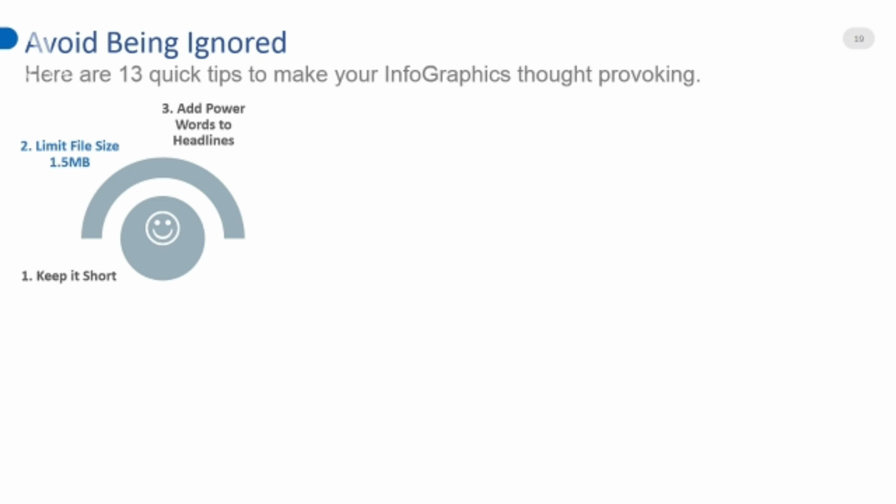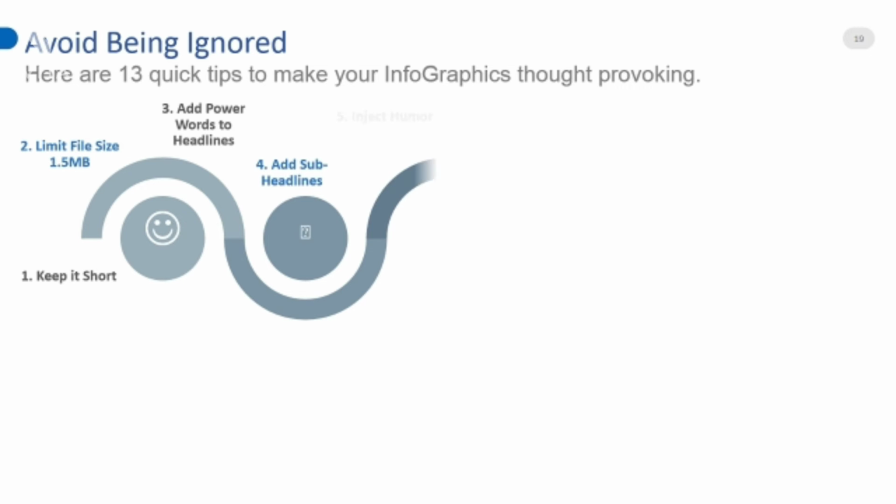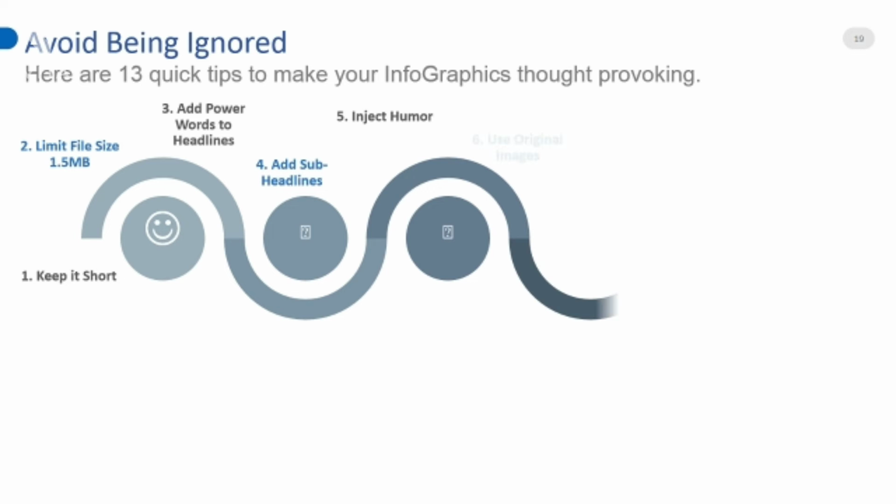Third, add power words to your headline and action words, things that will grab their attention. And number 4, add subheadlines that will back up your main headline. And number 5, try to inject some humor. And what you're doing, as you can see here, is you're grabbing them in. And number 6, use original images.